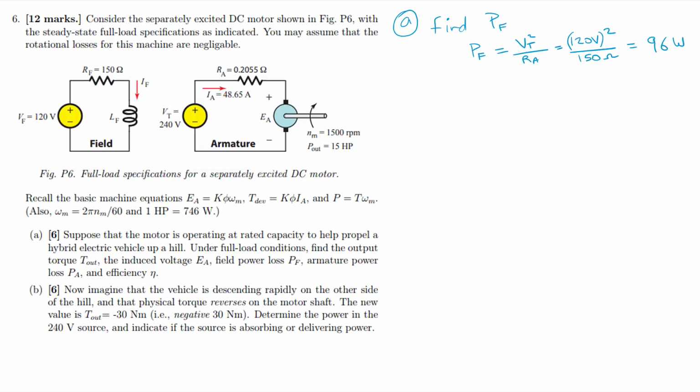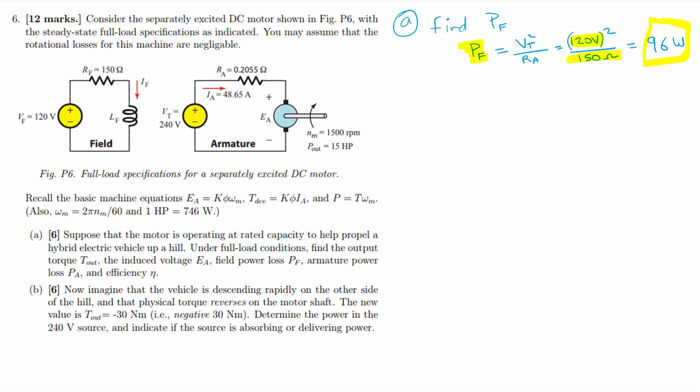So then we can use our formula. So this is just straight electric circuits. So the voltage squared divided by the resistance is the power. And then we plug in our values. So we have 120 volts, which was the field voltage, divided by 150 ohms, gives us 96 watts. So that is PF. Okay, so we've solved for PF.